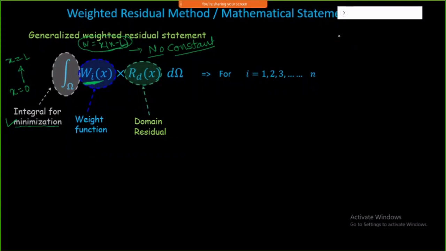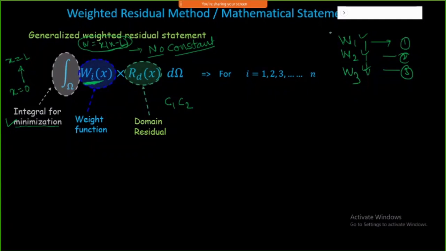And this can be solved for multiple functions. I can have w1 as one function, w2 as a function, w3 as a function. So many functions I can take at a time, and I can go on solving this. Here I will get one equation, here a second equation, and this is my third equation. How many constants have we assumed here? I may have assumed 2 constants, maybe C1 and C2.